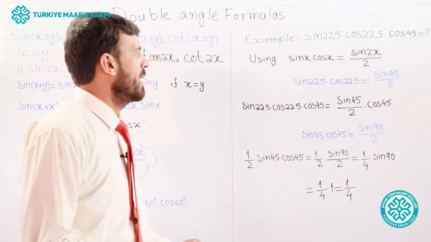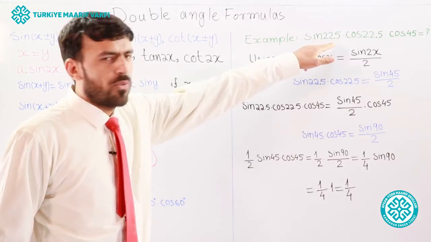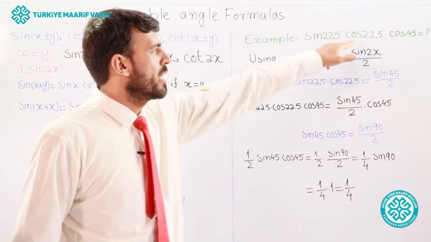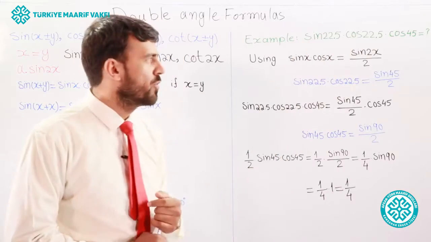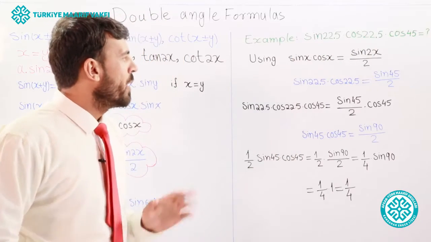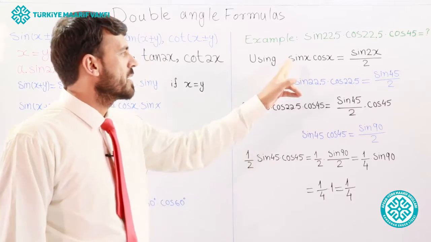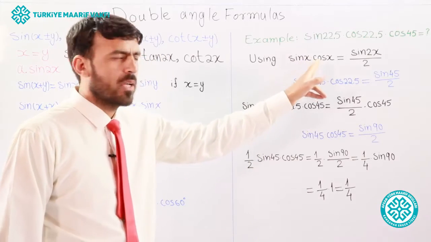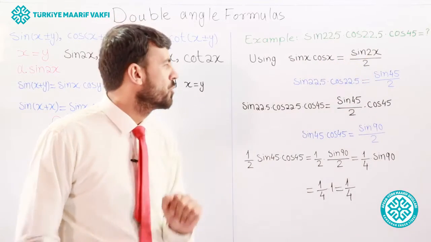Our second example is to evaluate sine 22.5 multiplied by cosine 22.5 multiplied by cosine 45. We can use the second form of this formula, which is sine x multiplied by cosine x equal to sine 2x over 2.